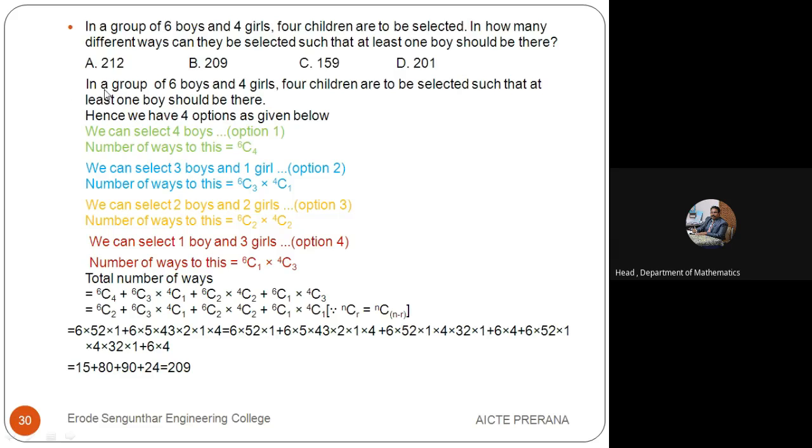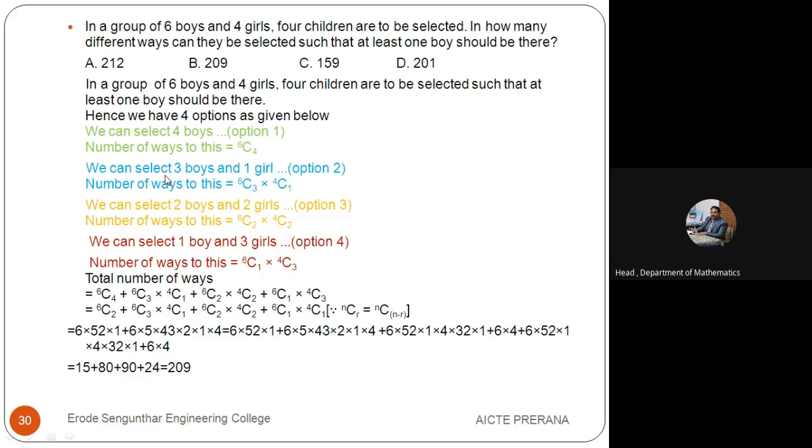We see the solution. In a group of 6 boys and 4 girls, 4 children are to be selected such that at least one boy should be there. Hence, we have 4 options as given below. We can select 4 boys from 6 boys. Number of ways is 6C4.